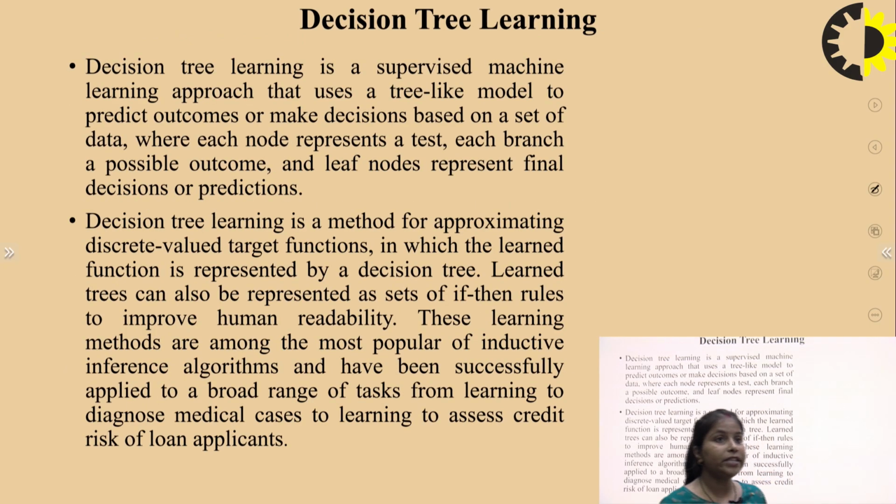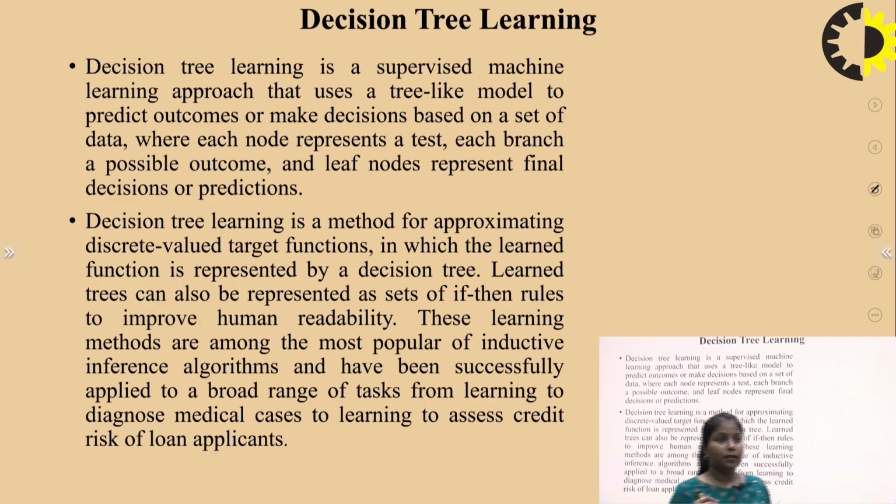The next topic is decision tree learning. Decision tree learning is a supervised machine learning approach that uses a tree-like model to predict outcomes or make decisions based on a set of data. Each node represents a test on the data, each branch represents a possible outcome, and the leaf node represents the final decision, prediction, or output.